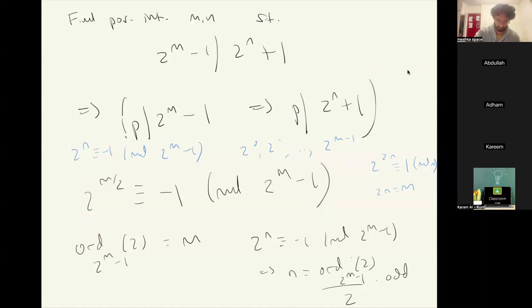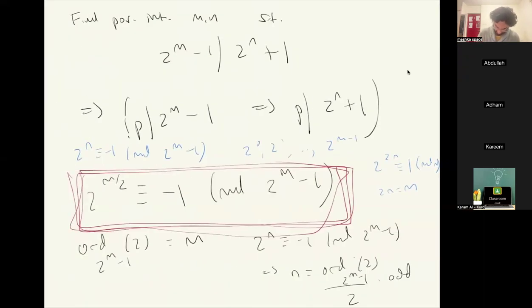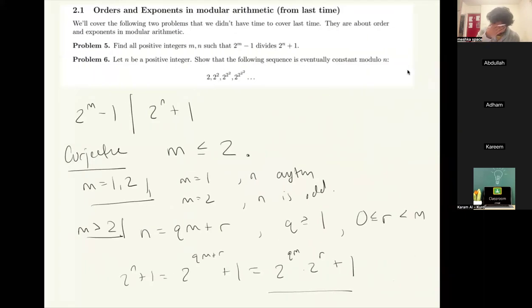Yes, because 2 to the m over 2 plus 1 is between 0 and less than 2 to the m. Yeah, so this is the solution. Sorry, I got very confused by this problem, but okay, that's it.